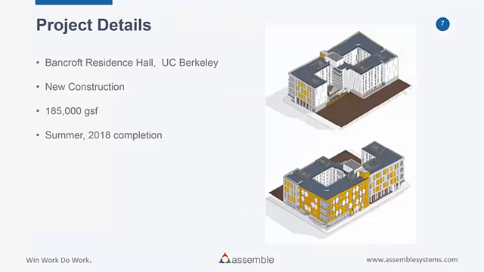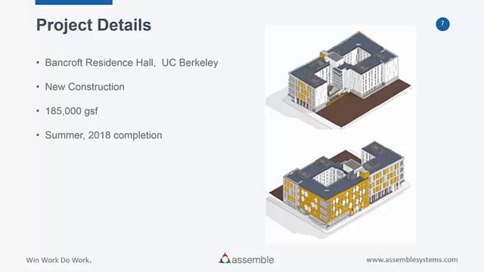The project I want to specifically focus on today, as an example of how we use Assemble, is our student housing project for UC Berkeley. That project has just entered construction phase. We've been in pre-construction for the past 9 to 12 months, working with a very sophisticated design team that works in 3D for a majority of their design scopes. So that was nice to see.